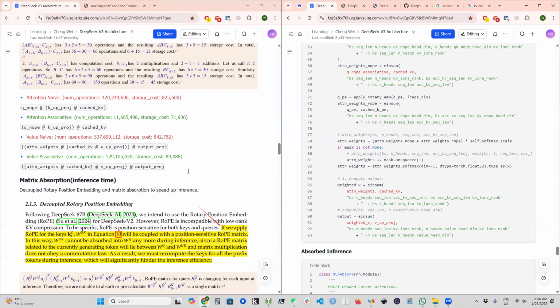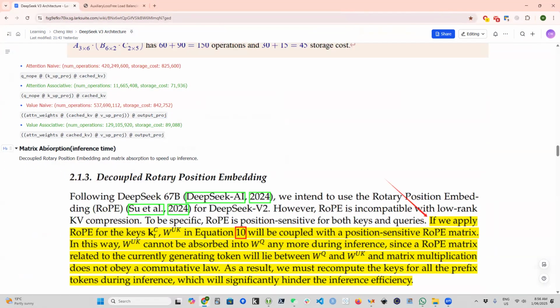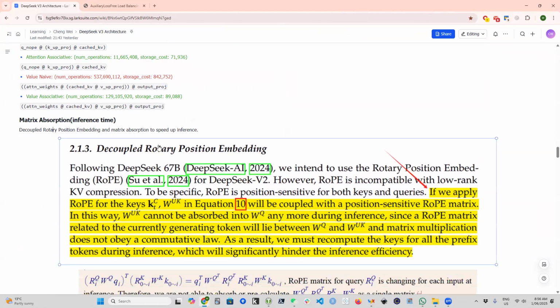Okay. Then we talk about the matrix absorption.